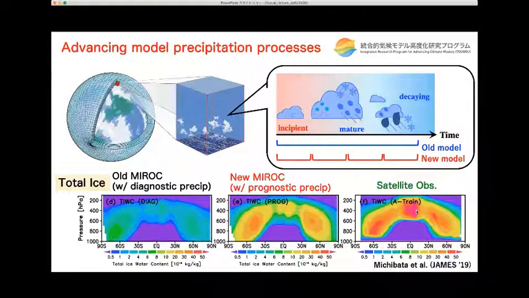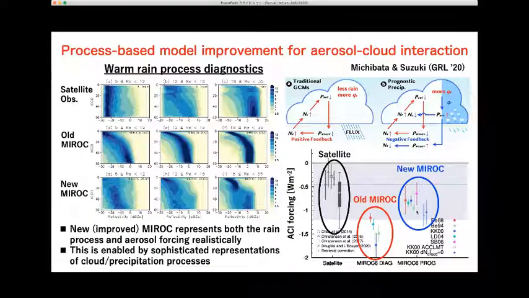And actually, based on these model progresses, the fundamental problem that I mentioned in the previous slides, pointing out the model compensation errors, is now largely reduced by this kind of new development.